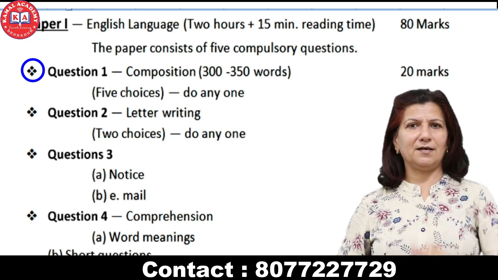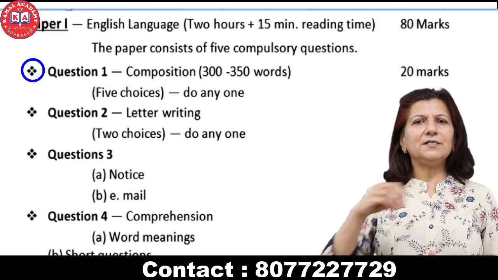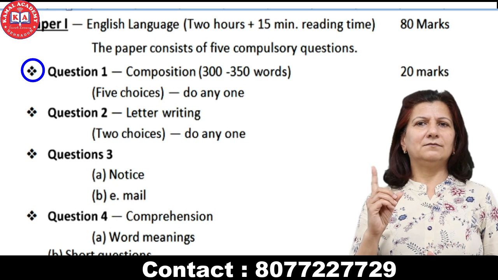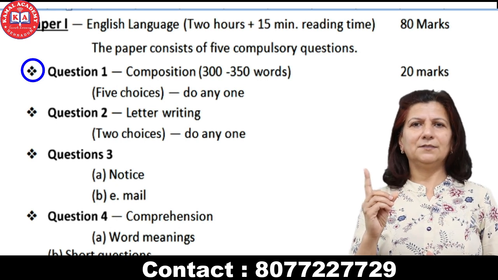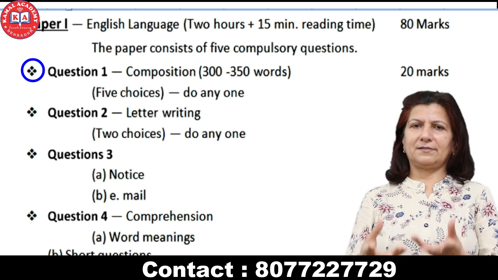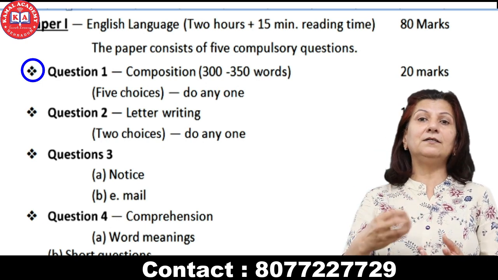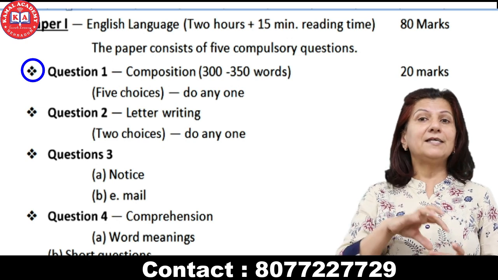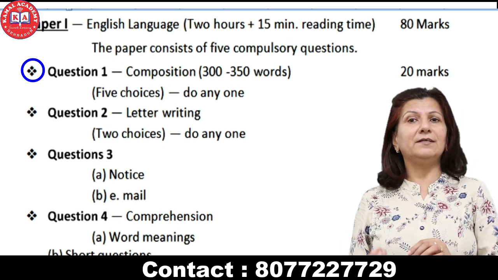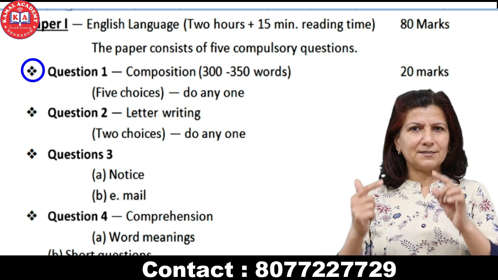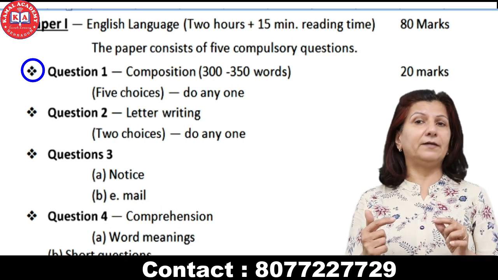So 5 choices are enough, right? Out of these 5 choices, do only 1, okay? So pick the best. Think of all the points that you can write on it during the reading time. That will save you from making a choice later on. So this 15 minutes time should be utilized very properly.